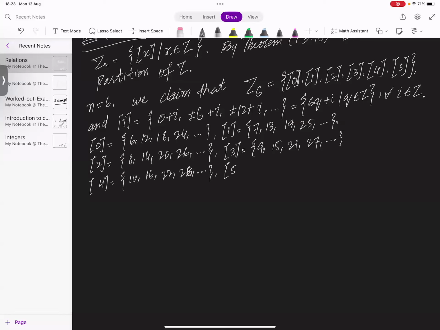And then 5 is 11, 17, 23, and 29, and so on. Right? And that's how we define this equivalence class i.